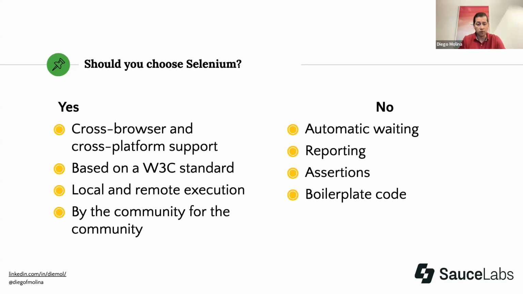Most of the time, if you want to write a test using Selenium, you have to write a bunch of code before that. So you have helper functions, preparing methods, a bunch of things you have to do before actually writing your test. So I'm more on the no side because I would miss those things if I would start using Selenium from the first time. And I will tell you why in a few minutes.